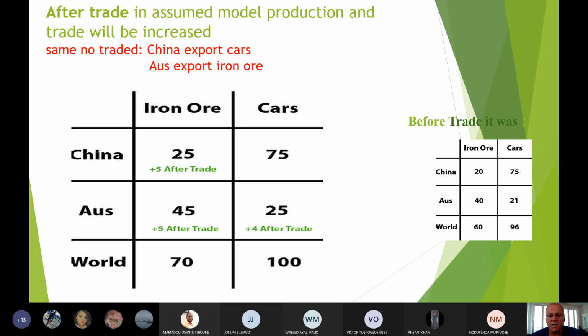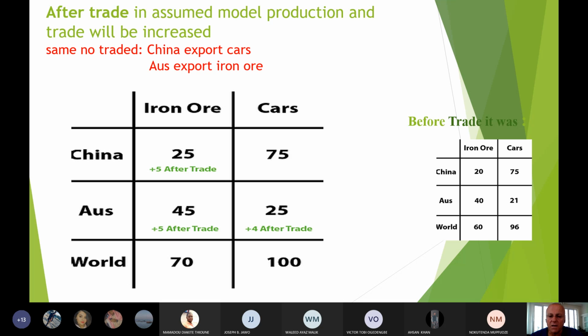Therefore, the trade capacity is shifted from 60 to 70, as you are observing here, and the market for cars is also increased to 100 units, which means the trade capacity was 40 units for Australia's iron ore, but now it is becoming 45 units because of these trade relations. It is shifting the market from 40 to 45.